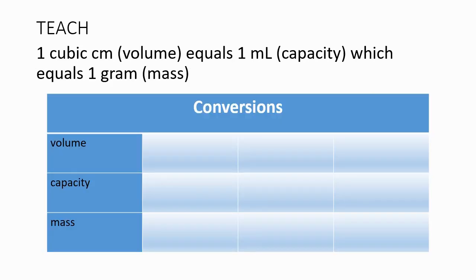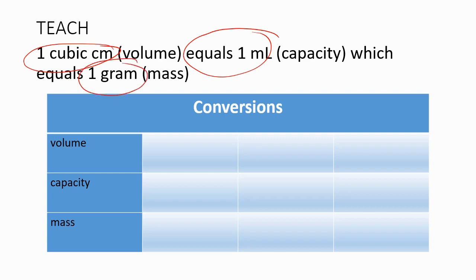Okay guys, we're still in the teach phase, and you might remember this from the success criteria. Let's remember that 1 cubic centimetre, which is volume, equals 1 milliliter, which is capacity, which equals 1 gram, which is mass.